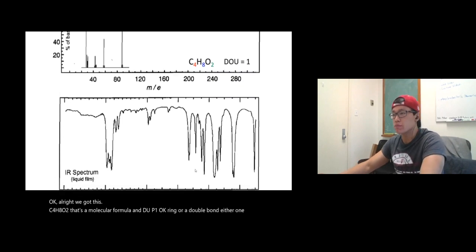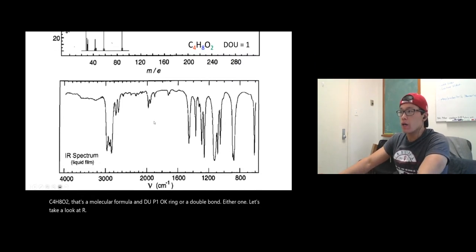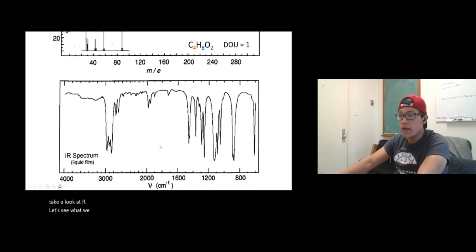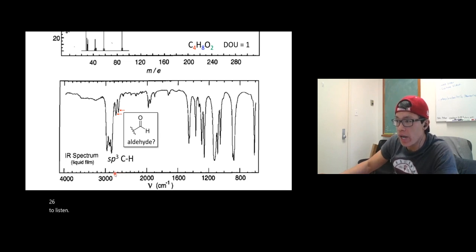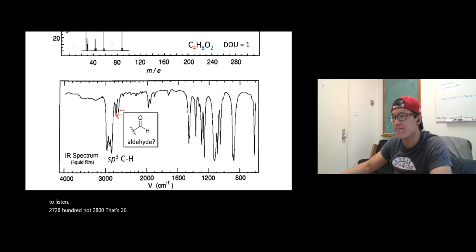Let's take a look at the IR. Let's see what we got. sp3 CH. Is that an aldehyde? Aldehyde CH would be 2700, 2800. It's a little bit too low.